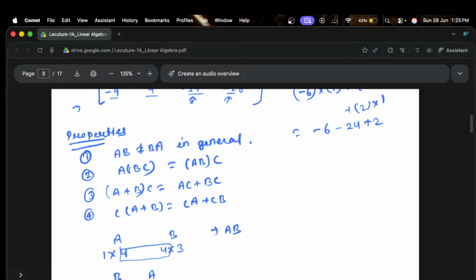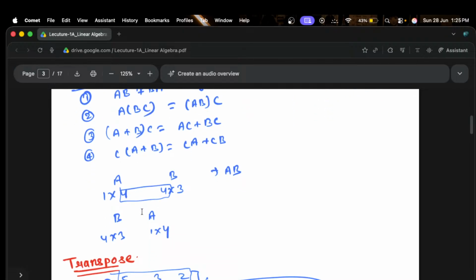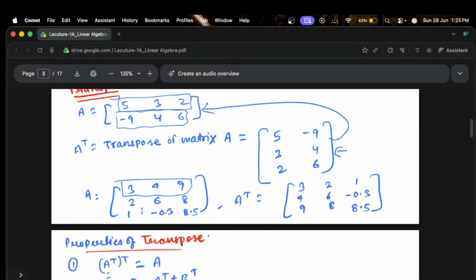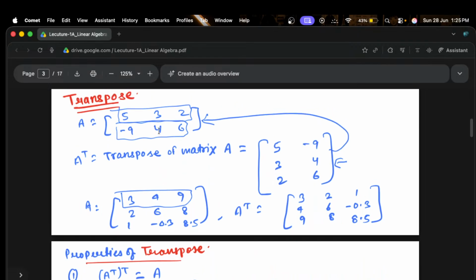So A into BC is this. Okay, we can club and declub the things. Yeah, makes sense. And what is transpose? Transpose just means to convert the columns into rows and rows into columns.